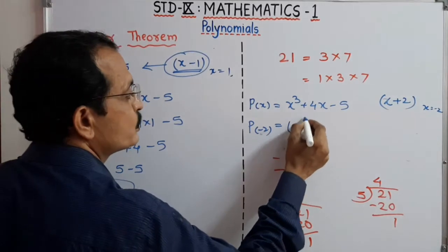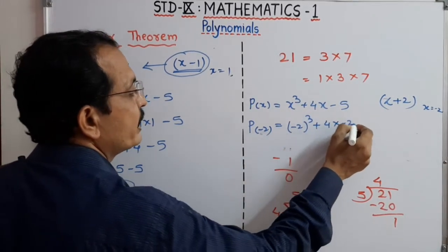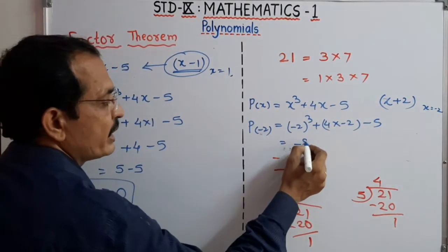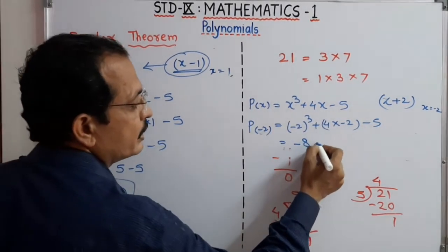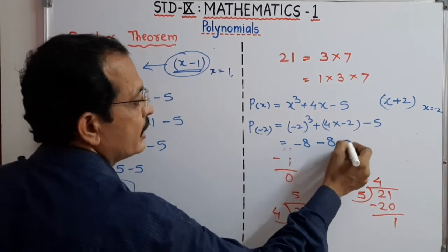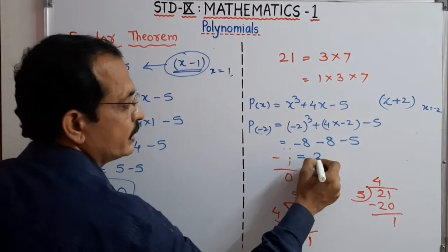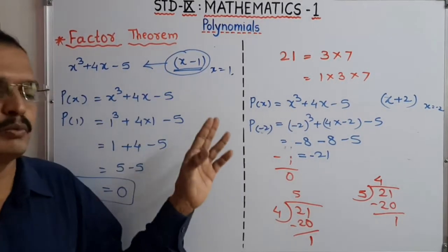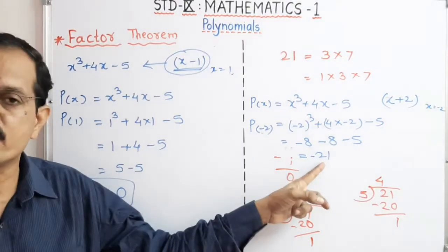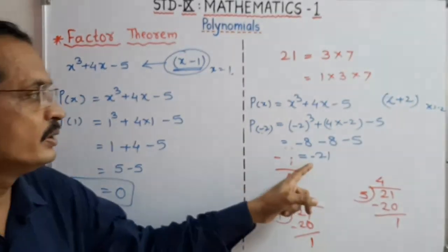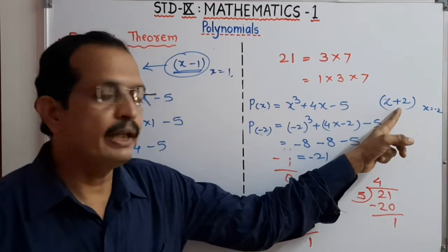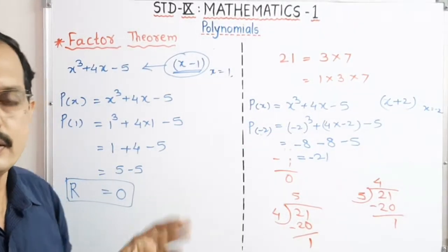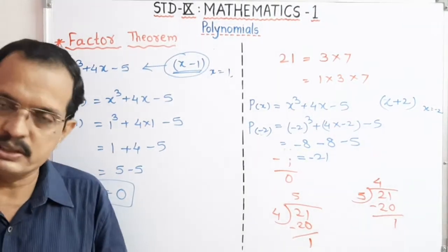Dear student, minus 2 cube plus 4 into minus 2 minus 5. Cube of minus 2 is minus 8. Here, 4 twos are minus 8, and minus 5. It is minus 21. Dear student, by using the remainder theorem, we say that the remainder is minus 21. Therefore, x plus 2 is not a factor of the given polynomial. I think everyone understood. Very easy, very simple.